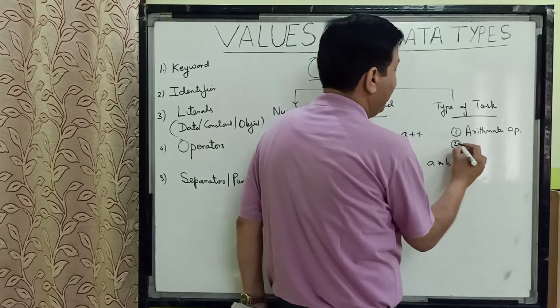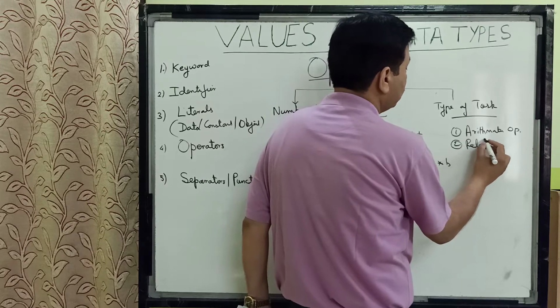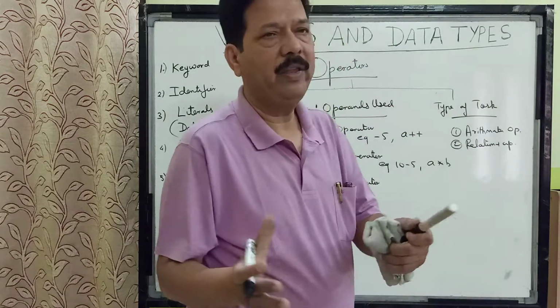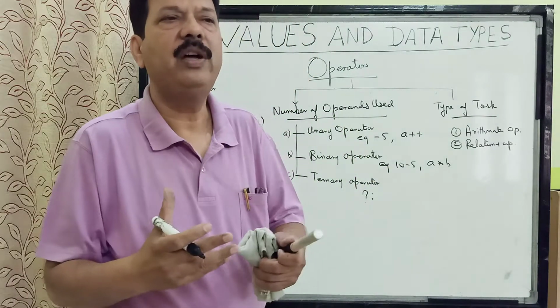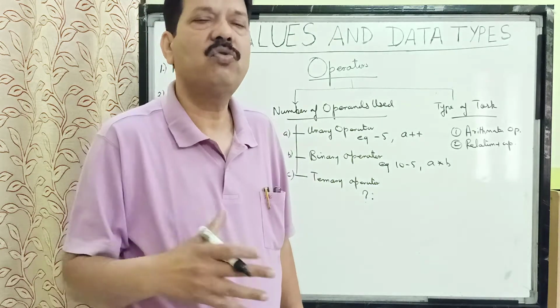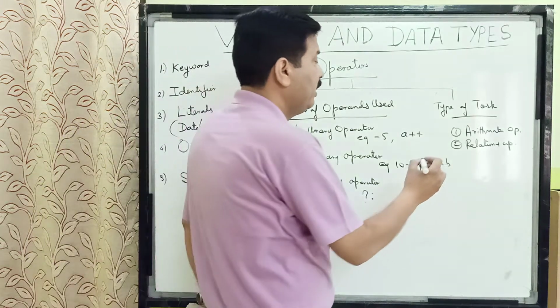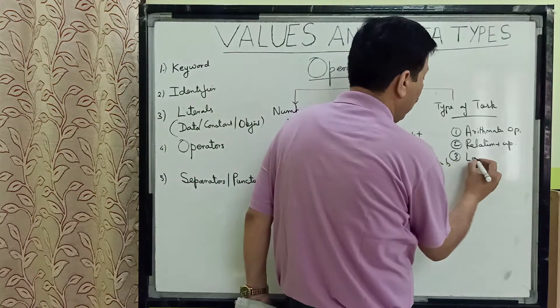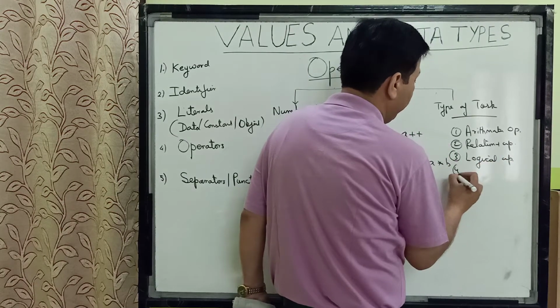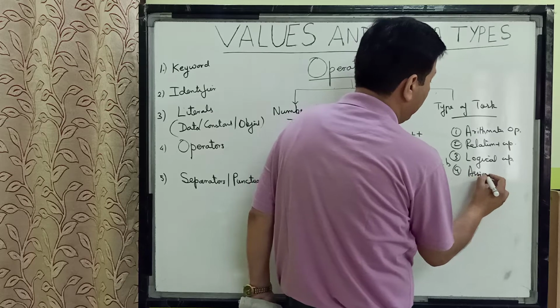Then relational operators, where the operators compare values and whatever the result of the comparison is, true or false is returned. The third is logical operators, which are also conditional operators. Then the fourth one is assignment operator.